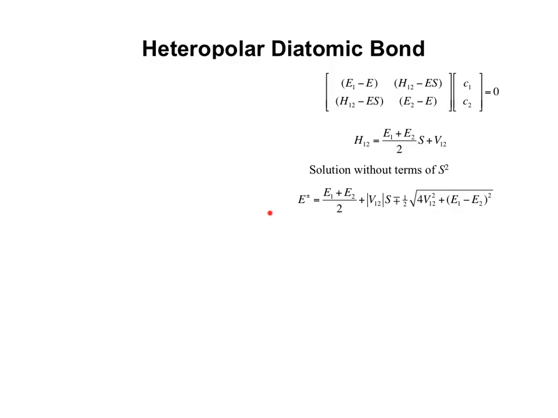The bonding and antibonding molecular orbital energies are given by the average of the atomic orbital energies of atom 1 and atom 2 plus or minus some difference.